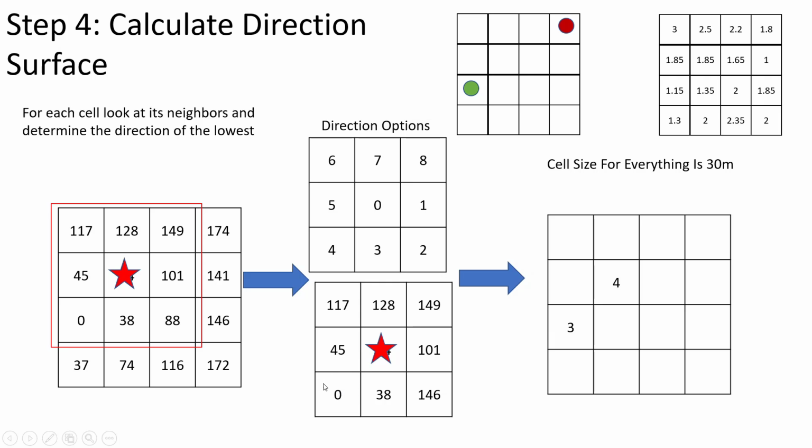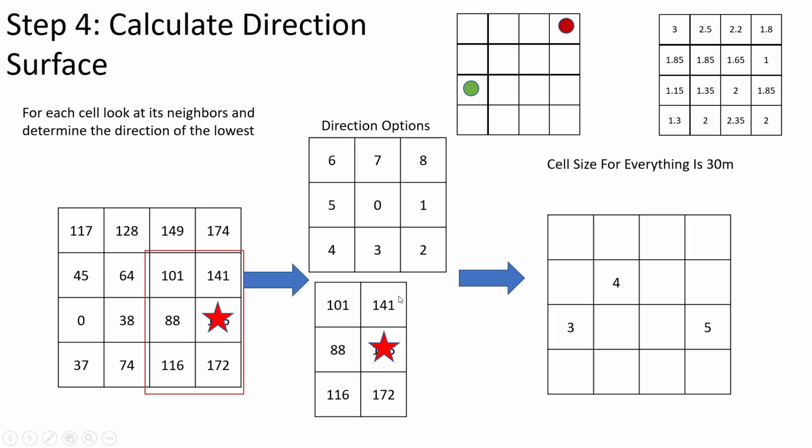Down and to the left, right? If we look at our coded value options, down and to the left has a coded value option of 4, meaning the value in the output for the pixel we were standing on is going to be 4. Because this 4 means, hey, from here, go down and to the left. Okay?